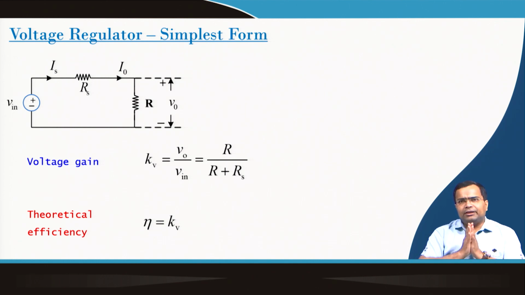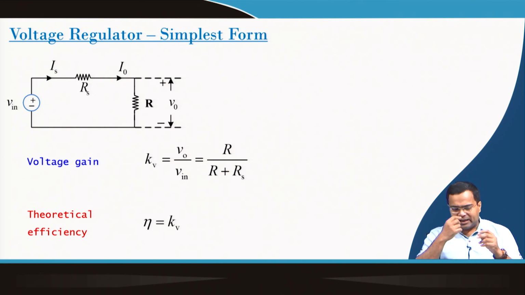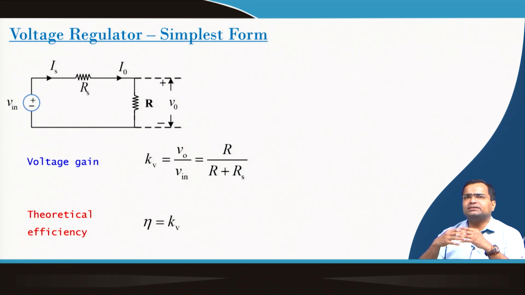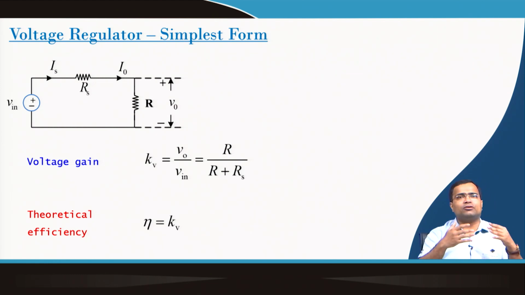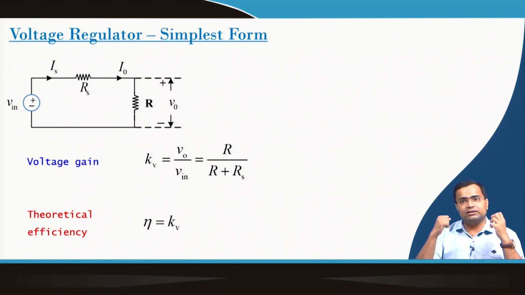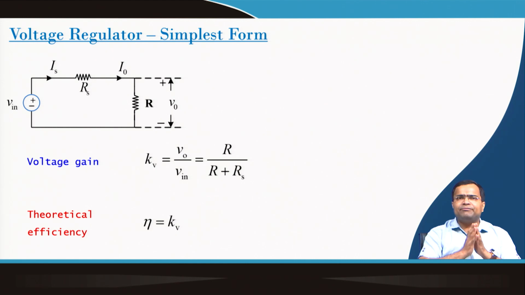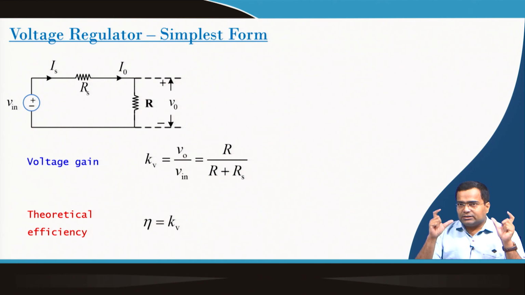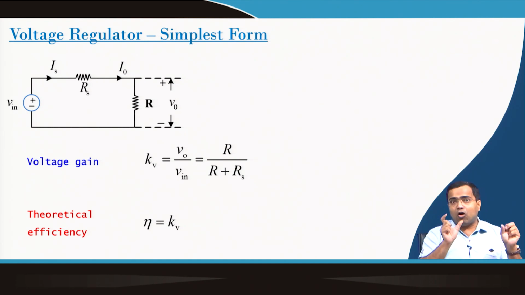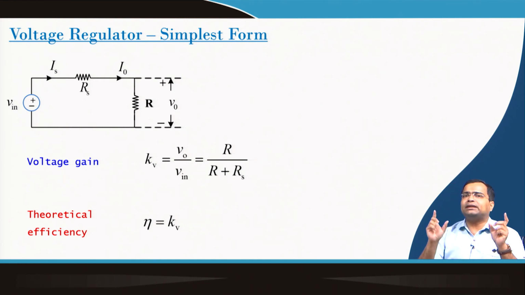But if we look at the efficiency of this voltage regulator, its theoretical efficiency is the same as the voltage conversion ratio, which is V 0 by V in, but practically it will be even less. That means, if you want to achieve higher voltage conversion, your efficiency will get degraded significantly, because most of the voltage drop across the R s will be dissipated as heat energy.